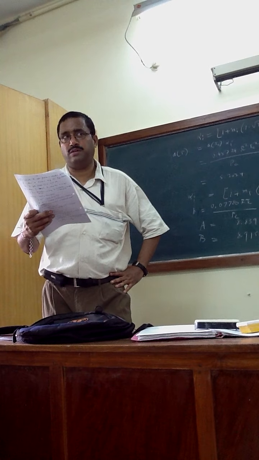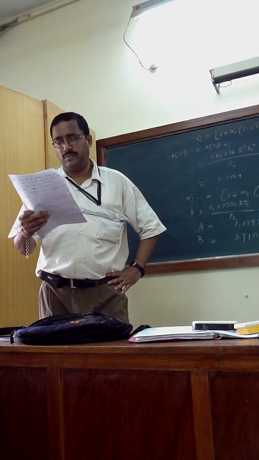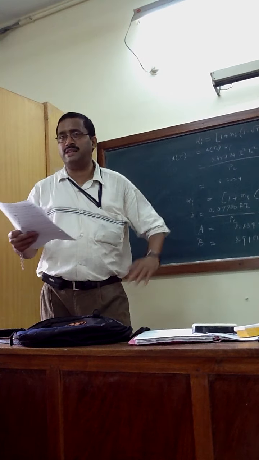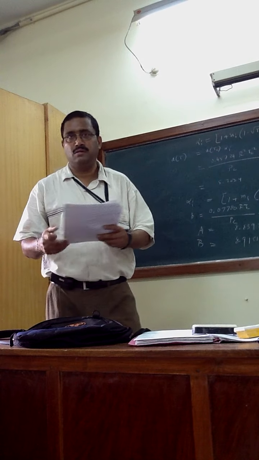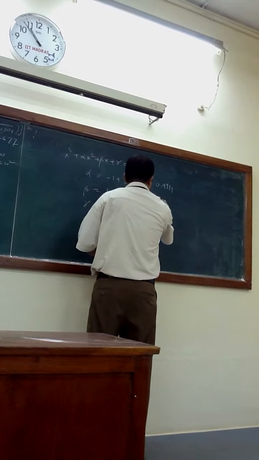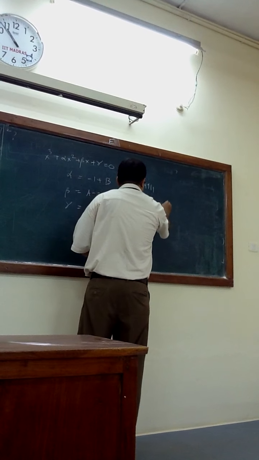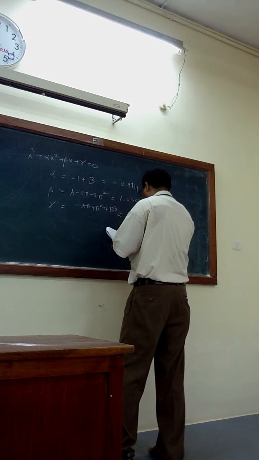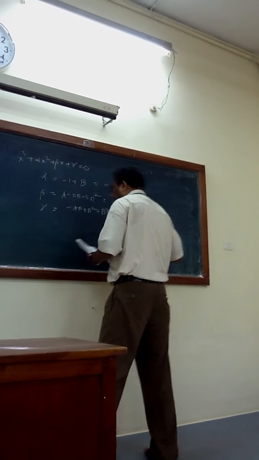It should be coming positive. It should not be weird. That's what I said, 10 to the minus 2, you should please write down. Beta is 7.0329 into 10 to the minus 2. And gamma is negative, please check it out: minus 7.0789 into 10 to the minus 4.